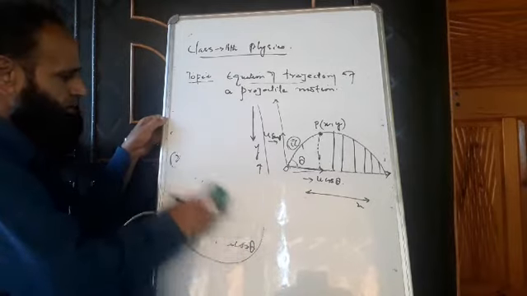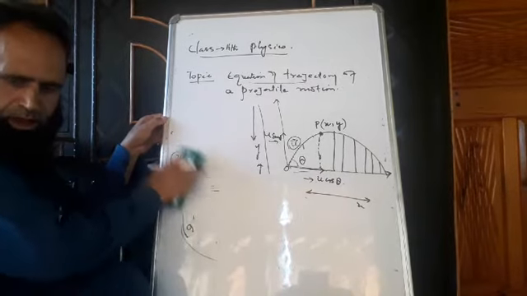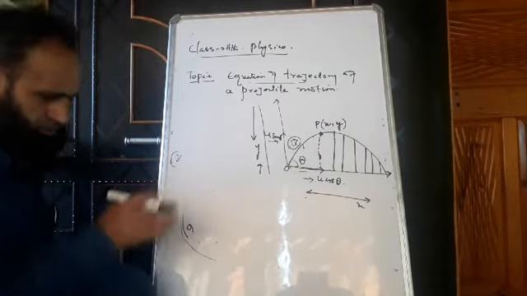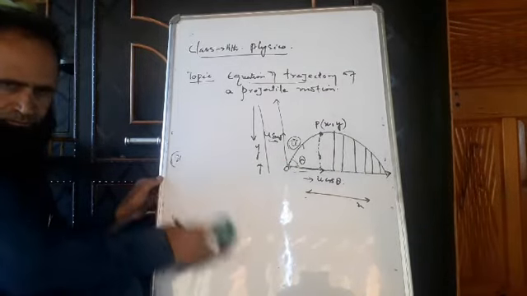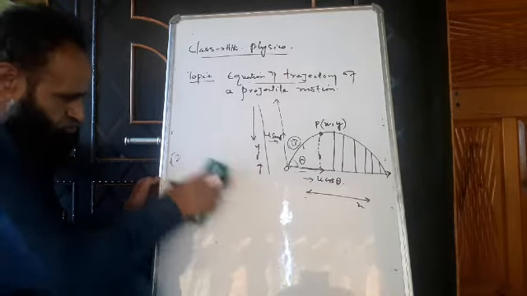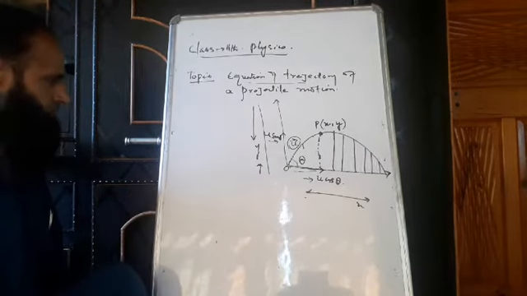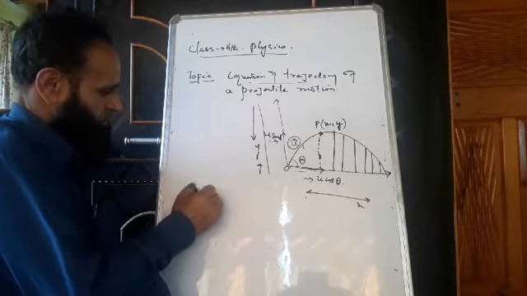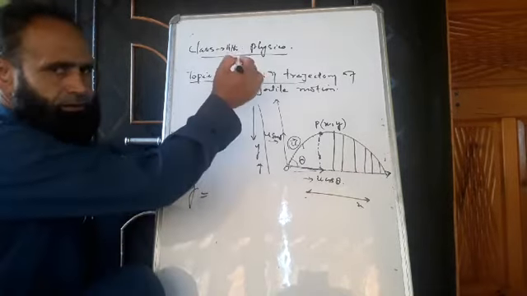what would be our vertical component? Our vertical component is y. We know that y is the vertical distance.